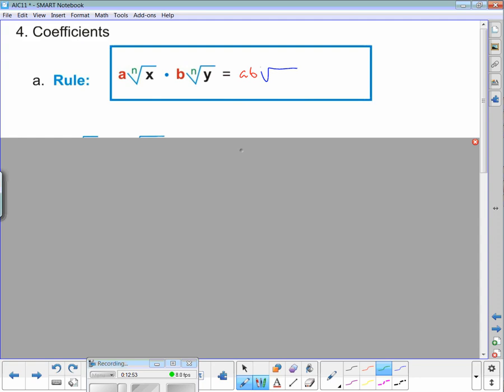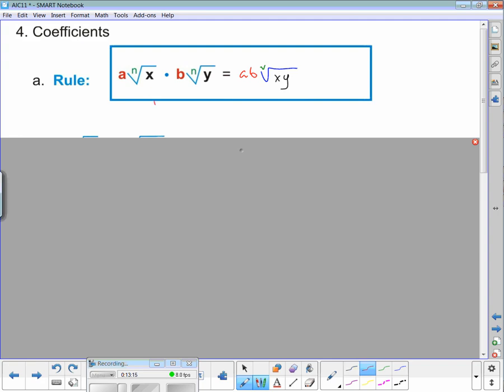Correct. So A B times the nth root of x y. Right? Just like you would expect, just like we've learned in other situations with variables, you multiply the coefficients, right? So it's the same situation here. A times B times the nth root of x times y.